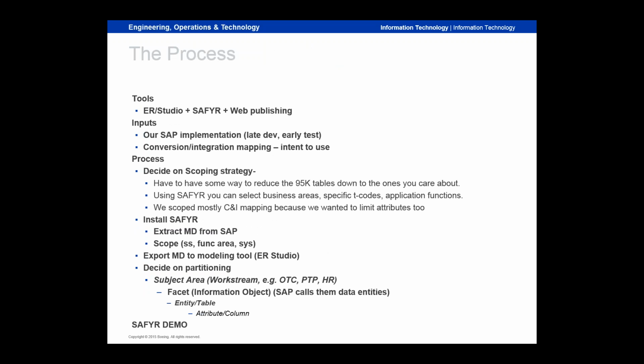The inputs for our process, our SAP implementation, late development, early test, is when you finally have a complete configuration where you know which tables and columns you're actually going to use. In our case, to scope our modeling effort, we used the conversion and integration mapping documents.